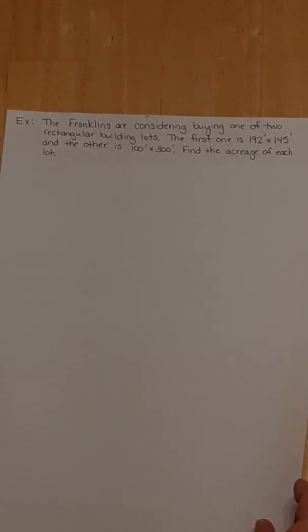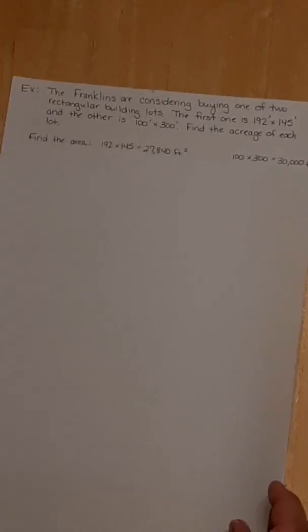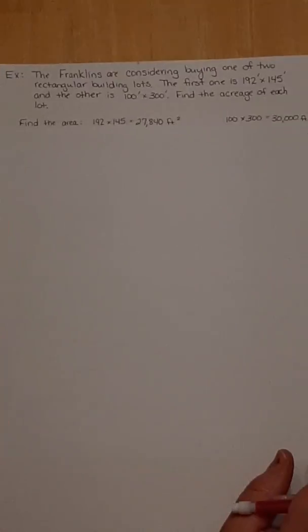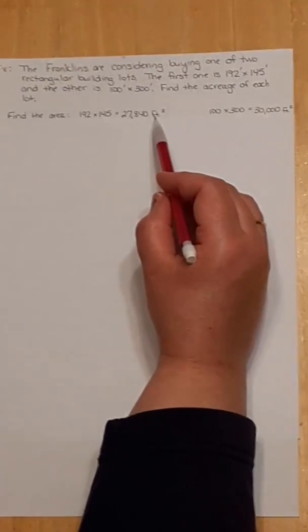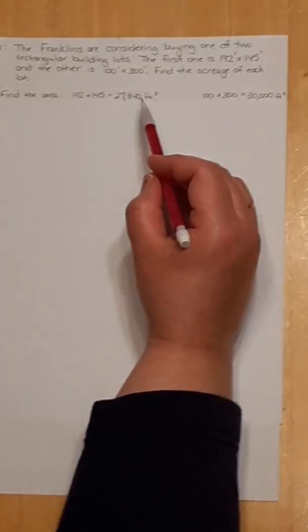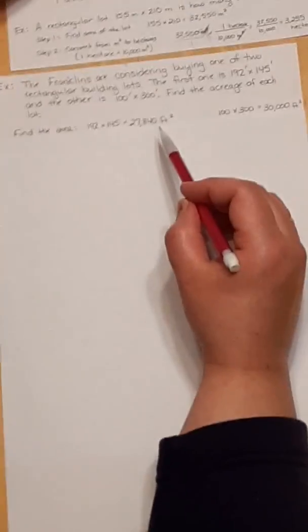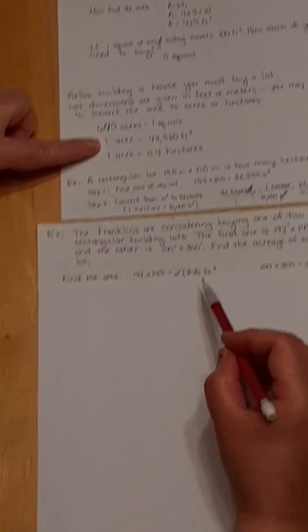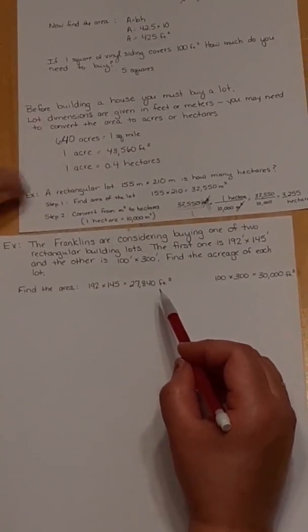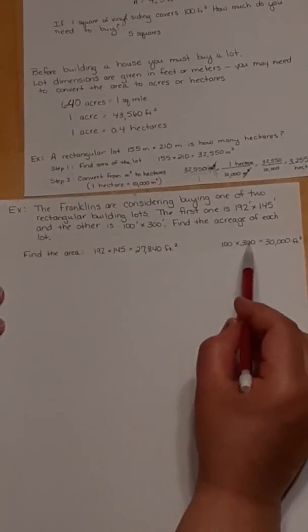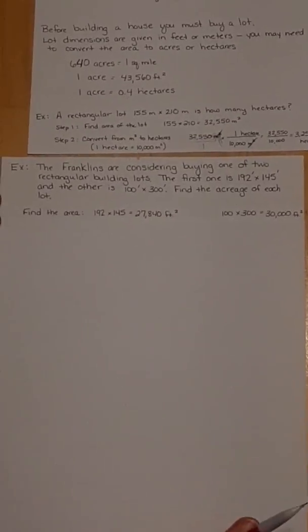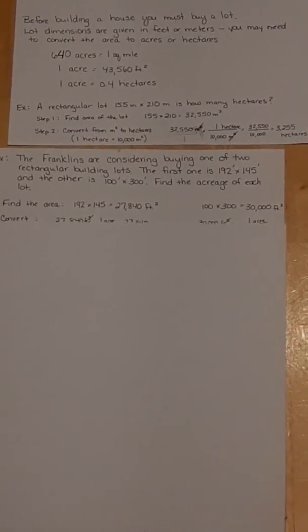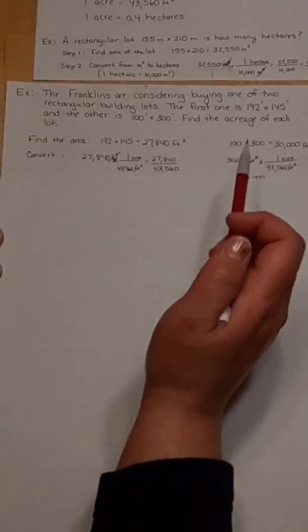To do this, what we're going to do is take and find the area of the measurements. We're already in feet, and I know that there's a nice conversion with acres and feet that the book gave us, up here in our table. We knew 1 acre equals 43,560 square feet, so I don't need to do any converting for that. I can just go straight to the area. Once I get my area for them, then I'm going to do the converting to change it from squared feet to acres.